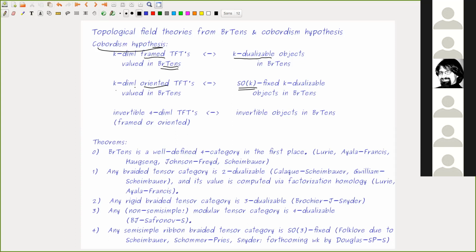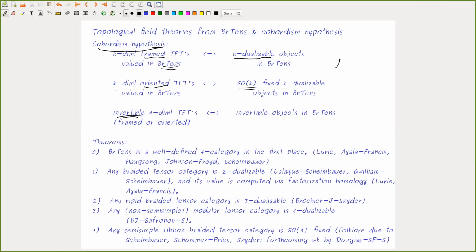And if we can find an invertible object, so that means an object A, such that when we tensor it with its dual, it doesn't just have a map to the trivial object, but it's actually an equivalence, then those correspond to invertible 4-dimensional TFTs, such as arise when you study modular tensor categories.